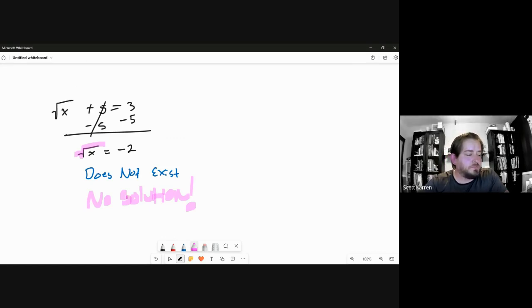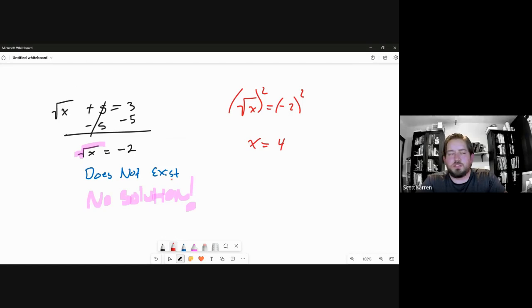If you kept going, you would end up simply with a false value. So if I said, oh, I've got the square root of x equals -2, and I come in here and square everything, it's very easy to get to this point and say, oh, well, x has to be equal to 4, and convince yourself that you're right. But if you try your solution in the equation to check it, that tells you that the square root of 4 plus 5 should be equal to 3.